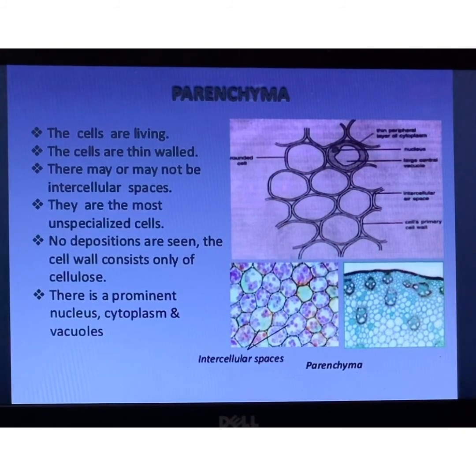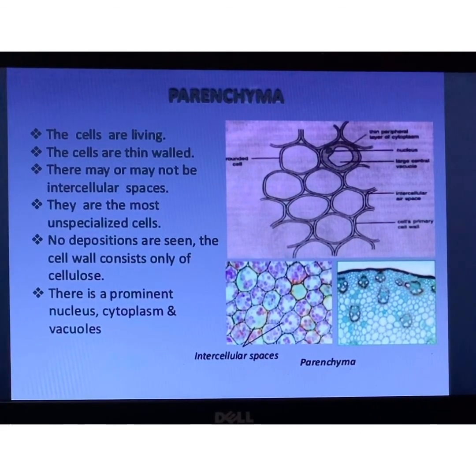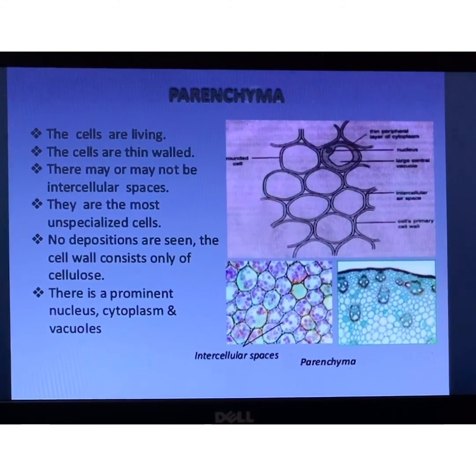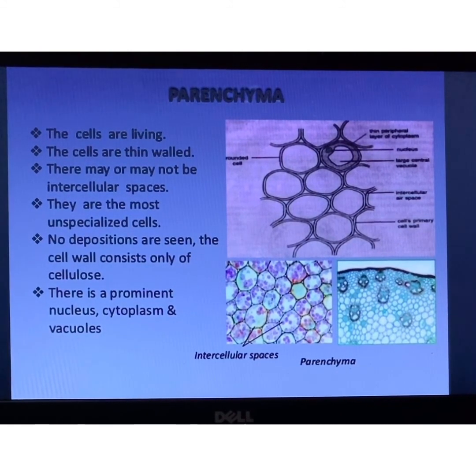So these types of specialized parenchyma cells you will find in the aquatic plants. In the aquatic plants, the plant needs to keep itself afloat, right? And so to maintain that buoyancy, you can have a quick analogy here with your, what do you call those, rubber tubes, right?